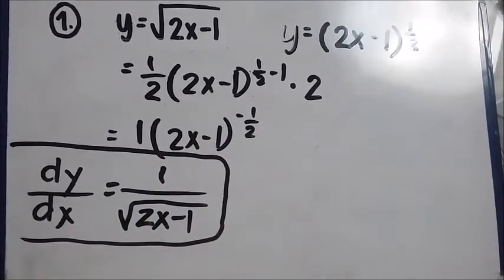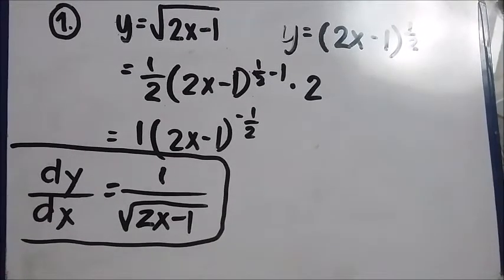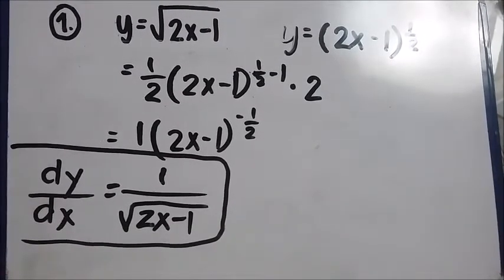This is now the derivative using implicit differentiation. dy/dx equals 1 over the square root of 2x minus 1.